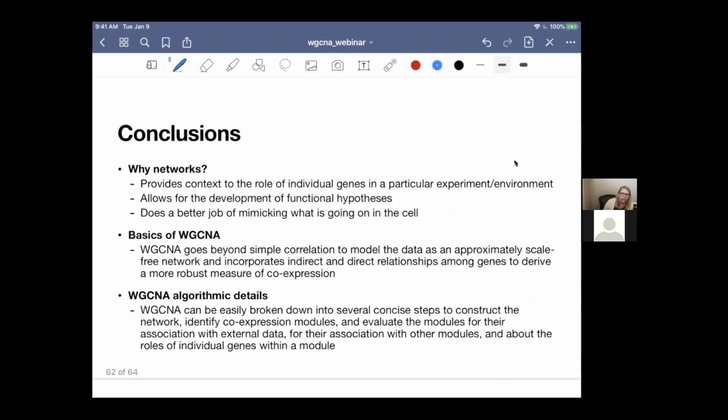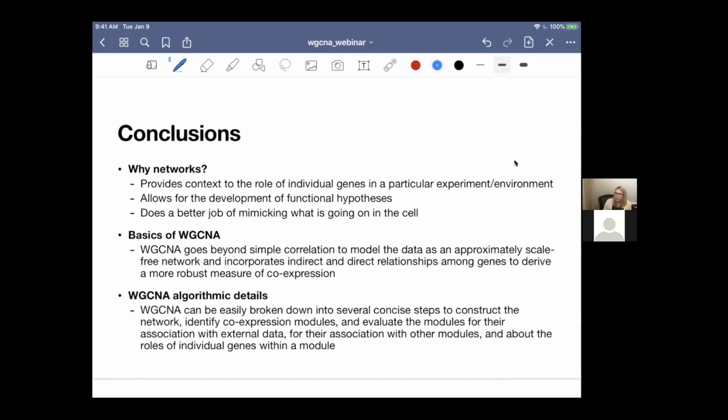And so that wraps up this broad overview of WGCNA. So just to recap quickly, why networks? It gives us more context. It lets us think about functional hypotheses. And we do believe that it more closely mimics what's really going on in the cell and the communication between tissues.